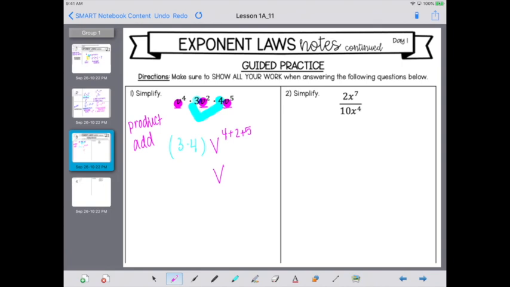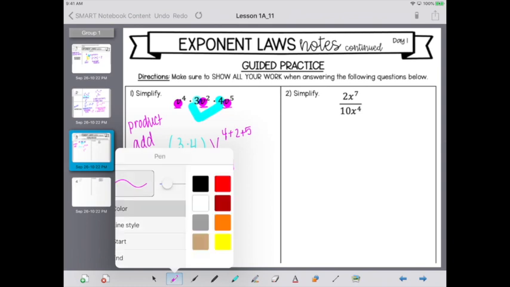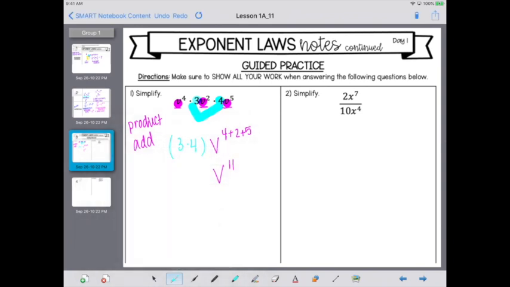So 4 plus 2 plus 5, we're going to get v to the 11th power, because 4 plus 2 is 6, plus 5 is 11. Then we have our coefficients, which is 3 times 4, which is 12. So our answer is 12v to the 11th power.